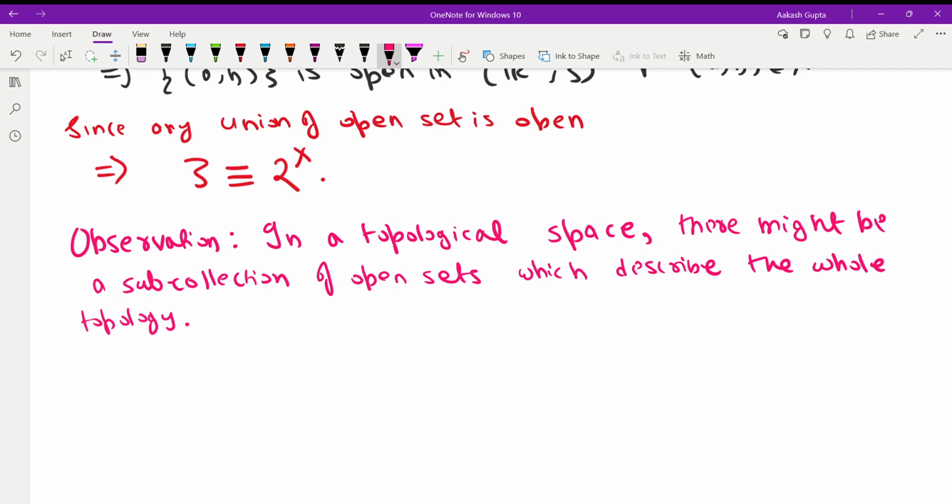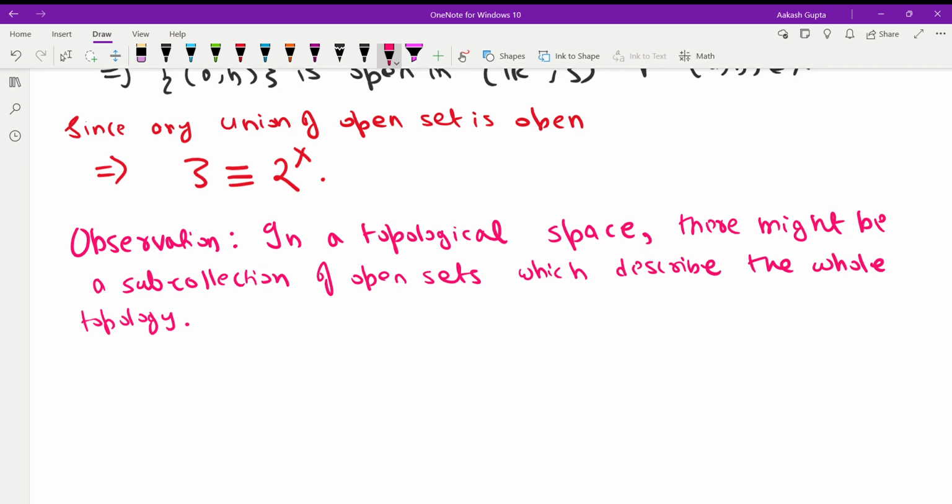In other words, it is analogous to a basis of linear algebra vector spaces. A few members will tell you about every member of that vector space, right? So it is something similar to that.